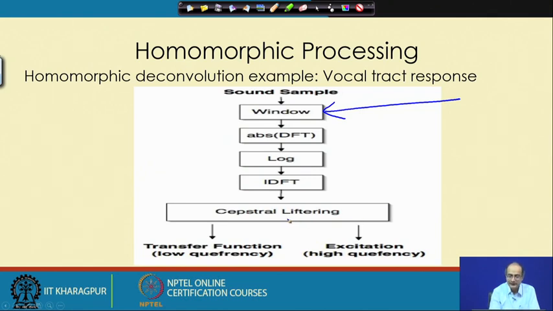Now, the filtering, we have a different term for that, we call it liftering. Again, the term filtering is jumbled here, okay. It is called liftering. And the first thing to note here is that we have not done the phase unwrapping and we have not called it the complex Cepstrum.